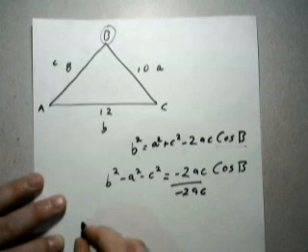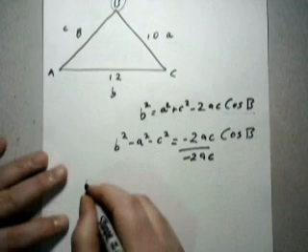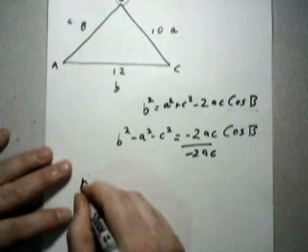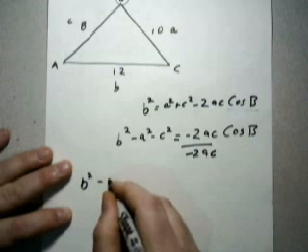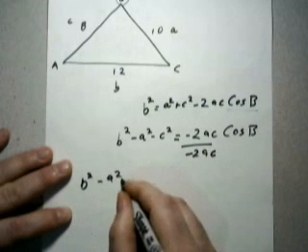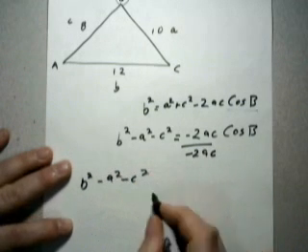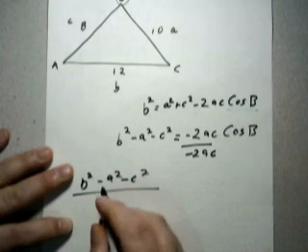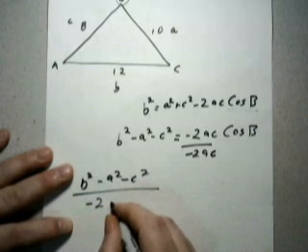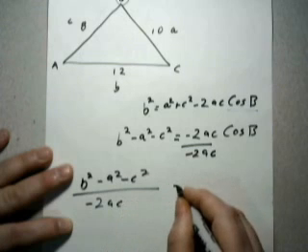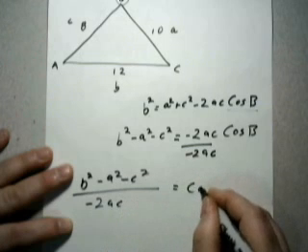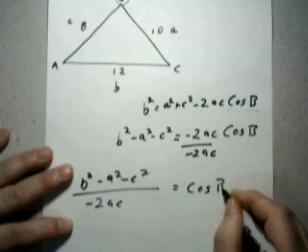So what I have is B squared minus A squared minus C squared divided by a negative 2ac is equal to the cosine of angle B.